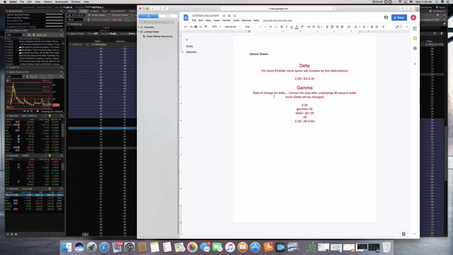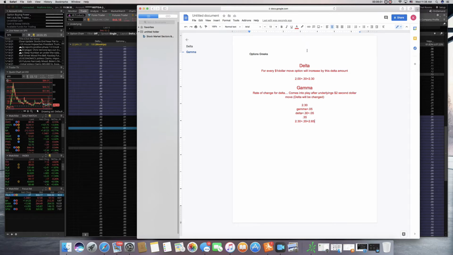So the gamma is just going to go into effect after the underlying second dollar move. As soon as that delta increases, the new delta will then be 0.35, and when that second dollar move happens, that 0.35 is going to be added into the option pricing, making it $2.65. So that's when it's moving higher.